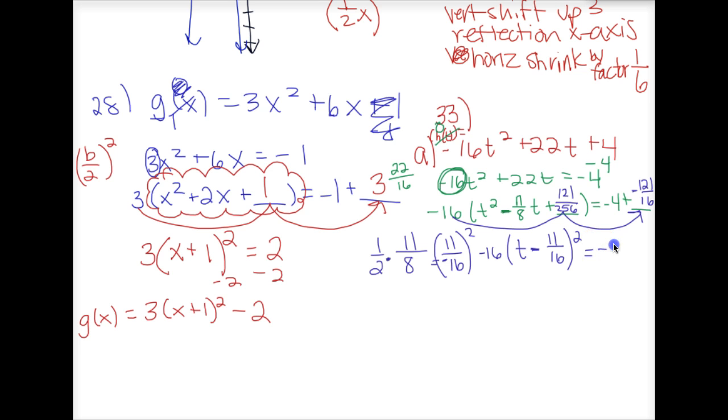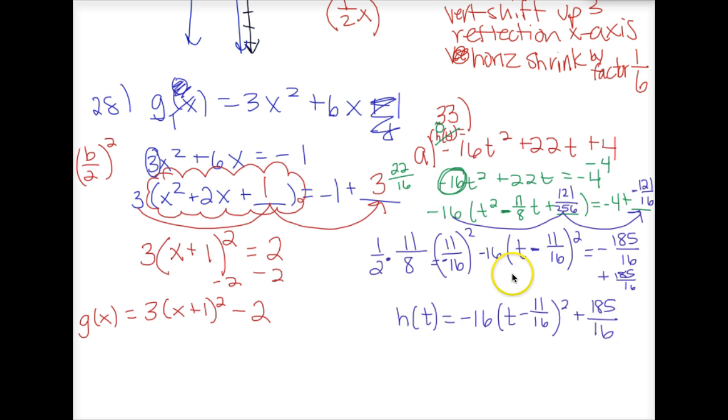So that gives me negative 185 over 16. So now the only thing left to do is to move this back over by adding it. So I get negative 16 (t minus 11/16) squared plus 185 over 16 is what my h of t would look like in vertex form.